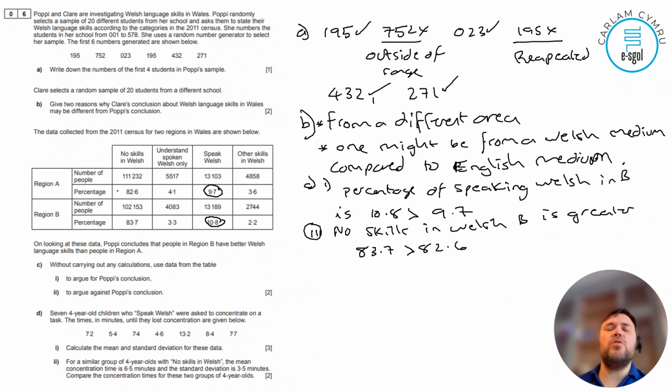Obviously, it's better to formalize it a bit better, but that's the gist of it. I've run out of room as well, and I want to make sure that I get in the rest of the work. So we're up to 5 marks, and notice we've got another 5 marks to go.